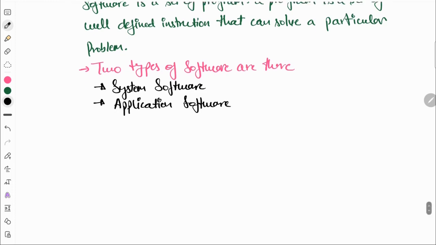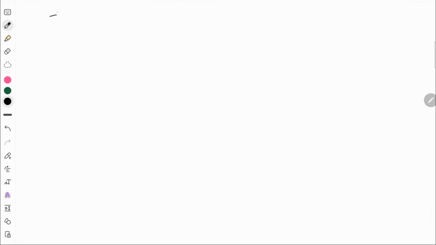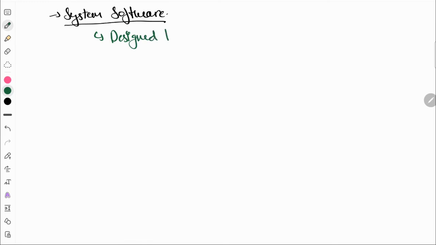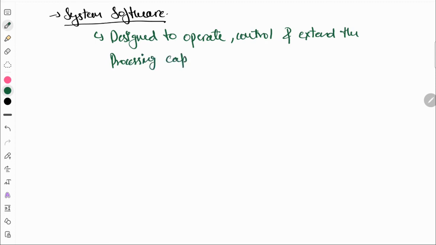Now let's talk about what is system software. System software is a collection of programs designed to operate, control, and extend the processing capabilities of a computer itself.